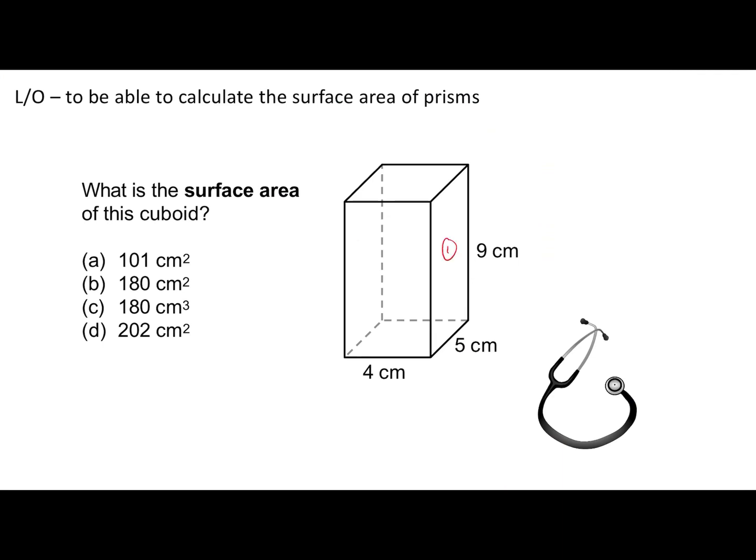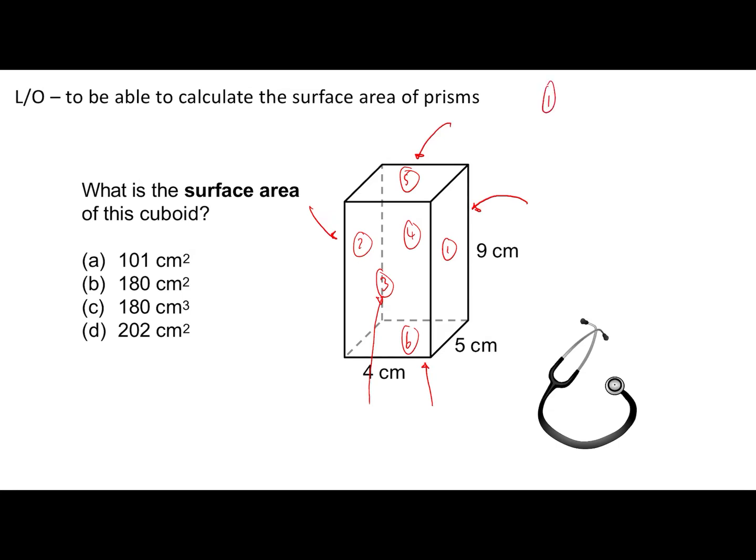It's got one face here, another face that's the same round the back, a face at the front and a face at the back, and a face at the top and a face at the bottom. And because it's a cuboid, a lot of these faces are actually the same.